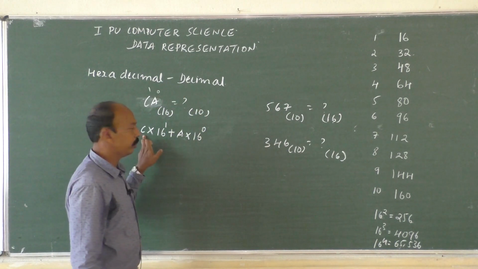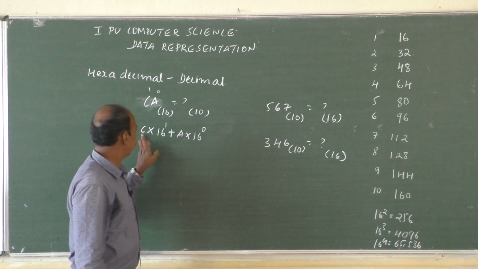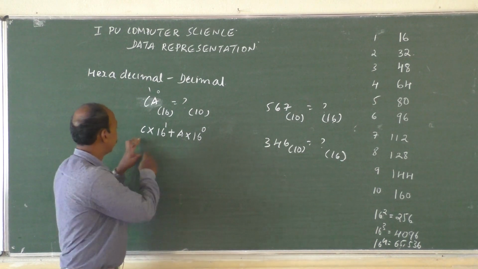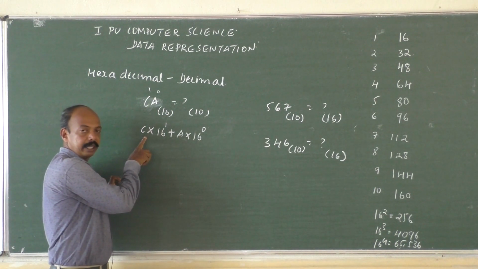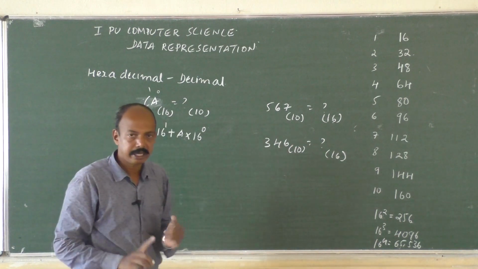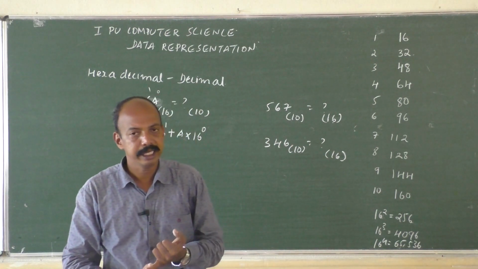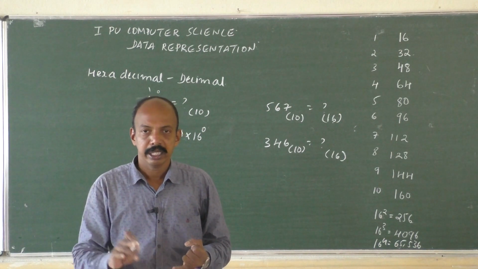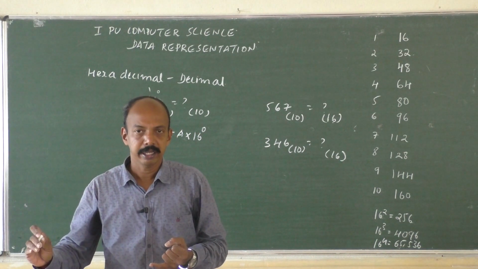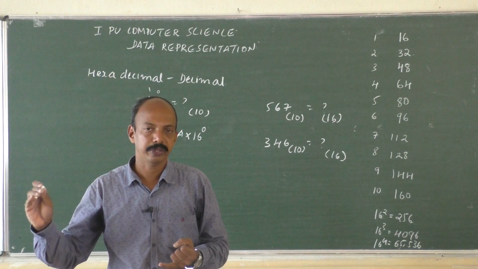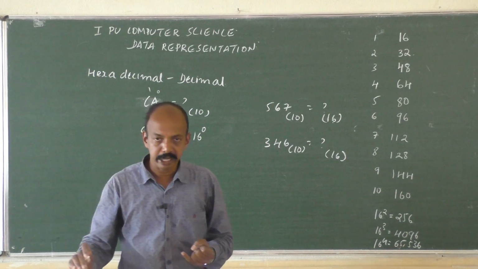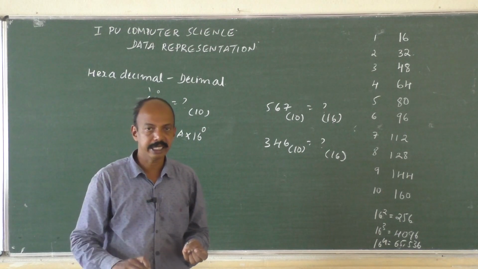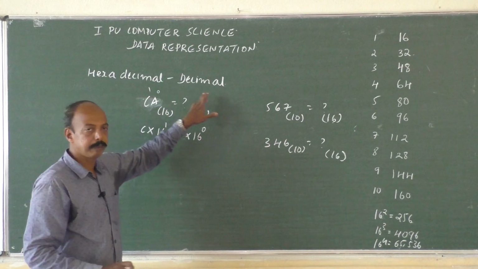We are going to convert it to decimal. So whenever the values in hexa are given, directly it's not possible to multiply 16 to that C. That's why its decimal equivalent we have tried. In the previous one, when we converted from decimal to hexa, after dividing with respect to 16, if the remainder is 10, 11, 12, 13, 14, 15, we have written its equivalent in hexa. In this case, it is hexa to decimal.